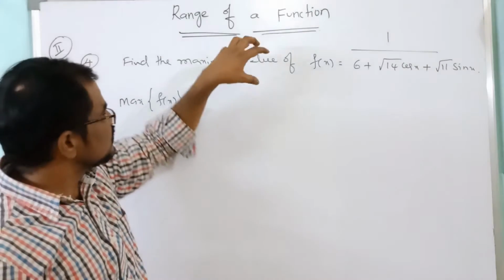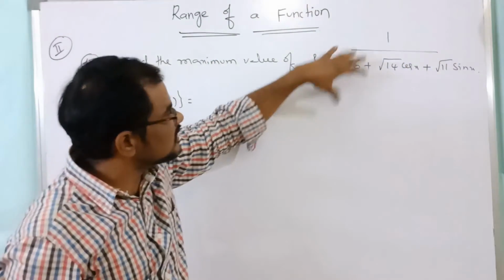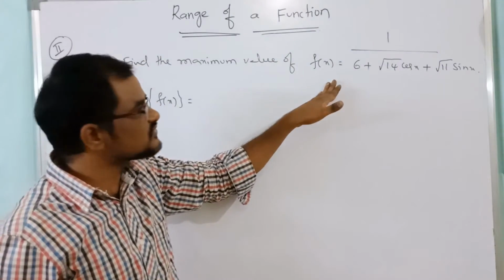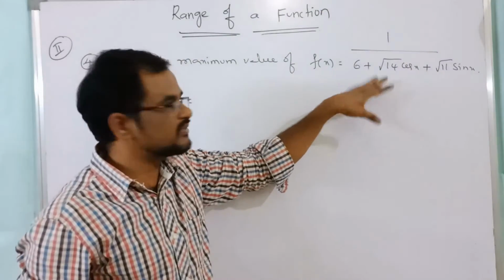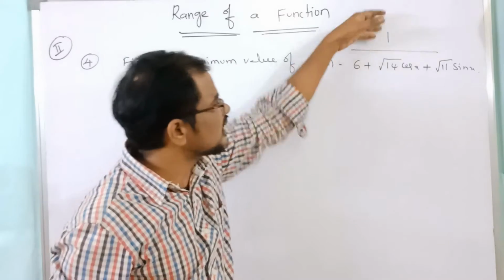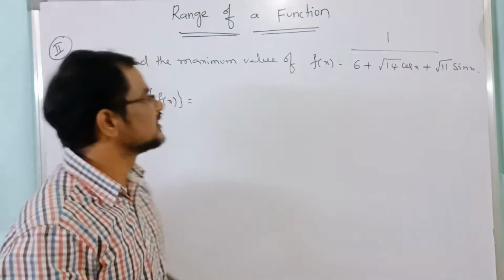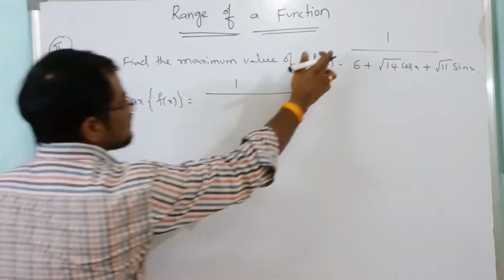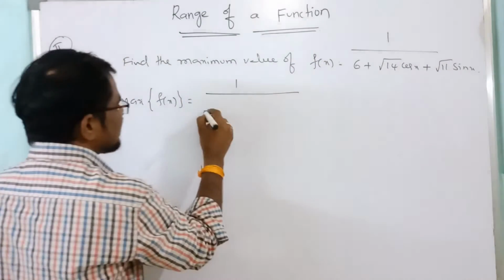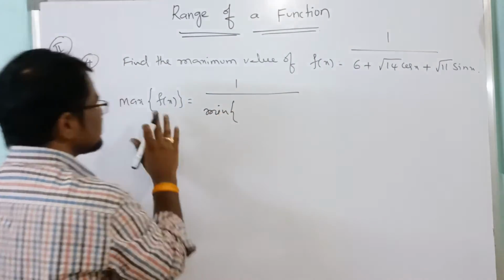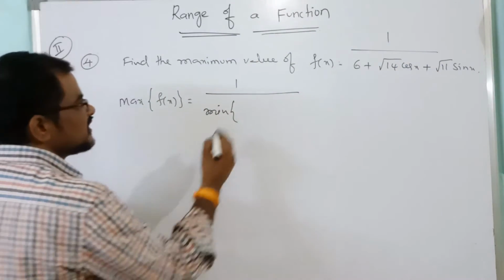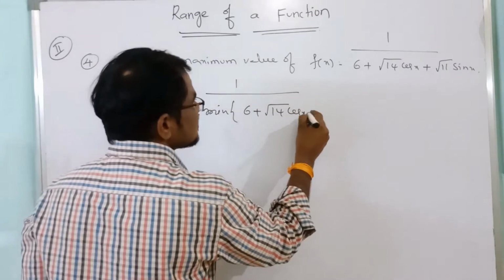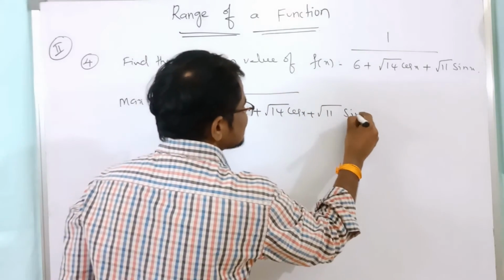Maximum of this function is 1 by the minimum of the denominator, and the minimum of f of x is 1 by the maximum of the denominator. Here the maximum value of f of x is 1 by the minimum of 6 plus root 14 cos x plus root 11 sin x.